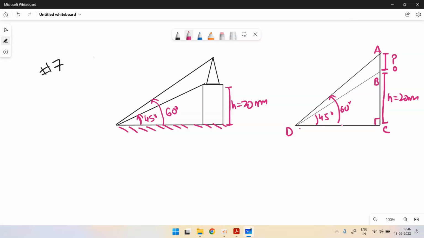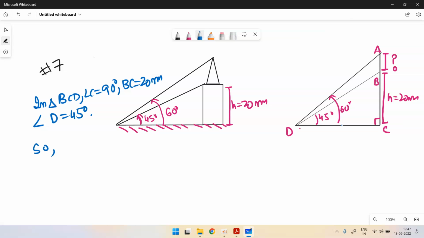Now consider that in triangle BCD, angle C is 90 degrees, BC is 20 meters, and angle D equals 45 degrees.